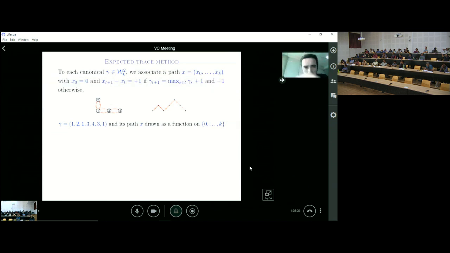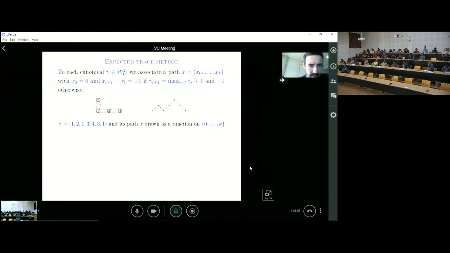I will do the map one way. I take a canonical element, gamma, in my n-level closed paths of length k, which visits each edge exactly twice. I associate a path of the same length, which starts at 0, and where x at t plus 1 minus x at t is plus 1 if gamma t plus 1 is a new vertex, and minus 1 otherwise.